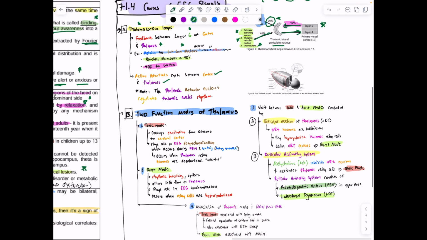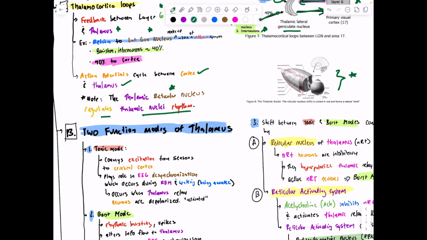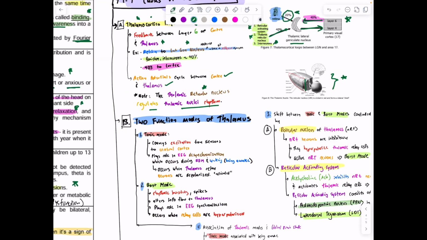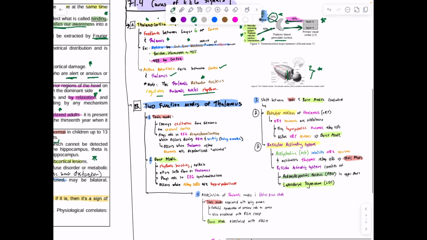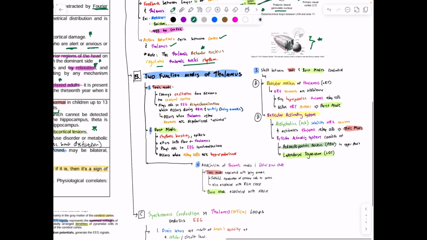And you have this particular nucleus inside of the thalamus called the thalamic reticular nucleus, and this is going to regulate thalamic nuclei rhythm, because of the many different nuclei that make up the thalamus. I apologize, this picture is useless because you can't see the labels, but this red part right here is meant to denote the thalamic reticular nucleus, and it is going to help regulate the thalamic nuclei rhythm overall, so the rate at which they're firing.